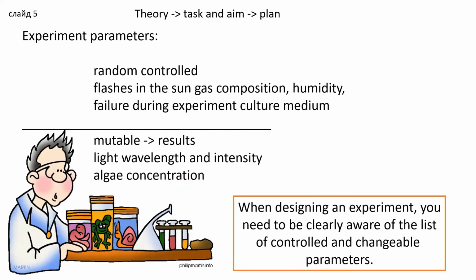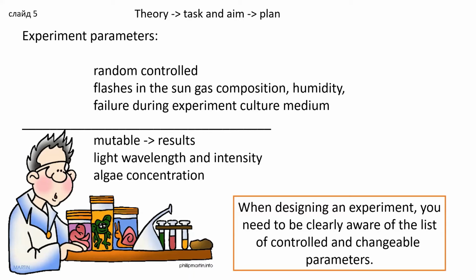So from this point of view, when you have your experiment and you have your parameters, they can be controlled manually, but something like flashes in the sun cannot really be controlled. But gas composition, humidity, failure during experiment, all this you can filter.